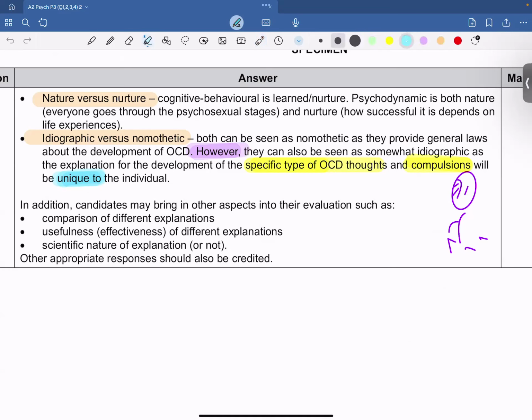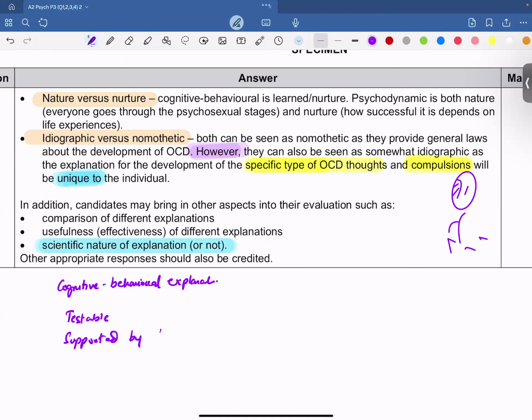I mean, this is going to take a lot of time, but allow me to do this real quick for you. So we're talking about a comparison. That's what I said. And if I talk about the cognitive behavioral explanations, I could say these cognitive behavioral explanations relatively are testable. They are supported by empirical evidence, that is research-based evidence.